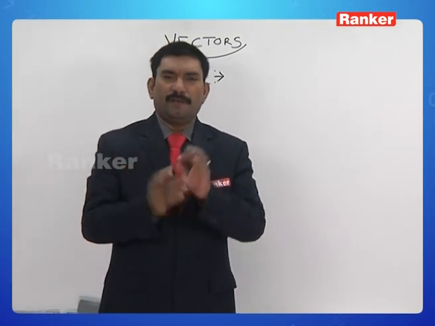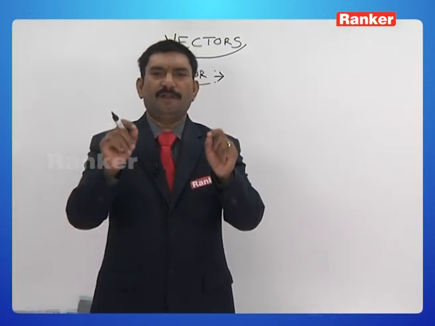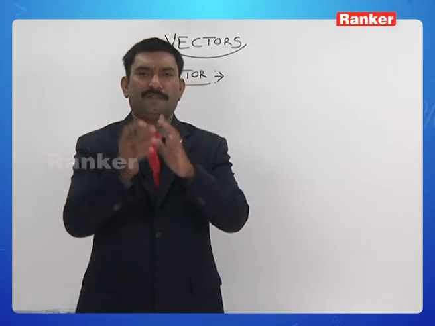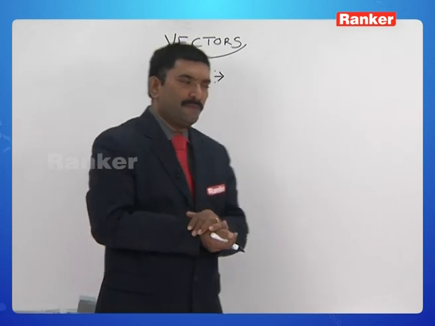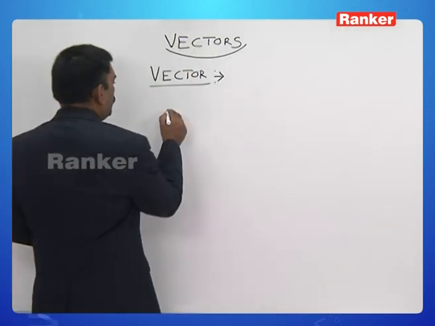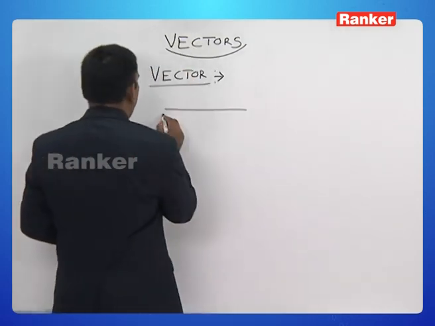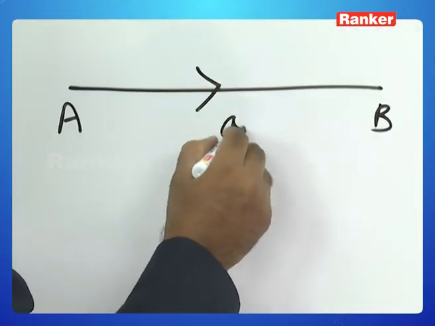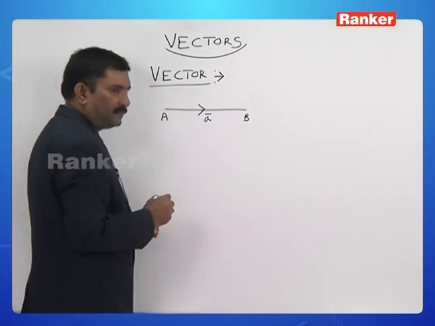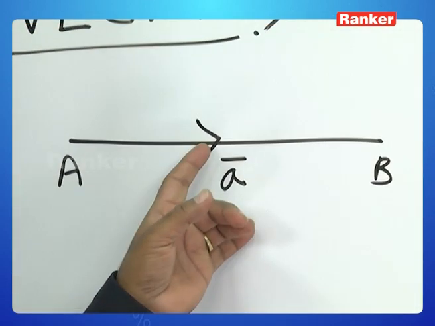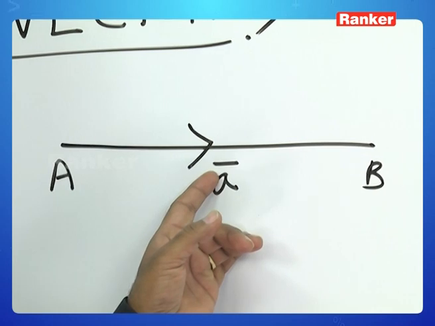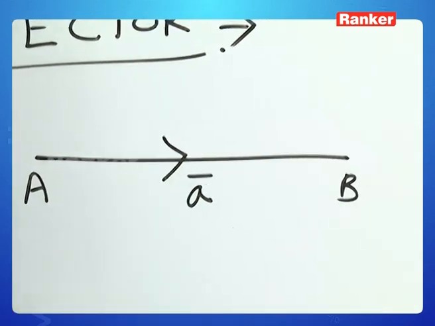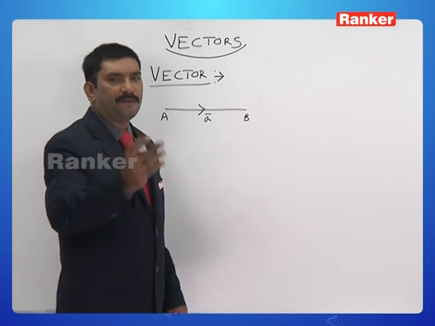Now if I take A and B, this is A bar. This arrow mark represents the direction, and the distance between A and B is taken as the magnitude.